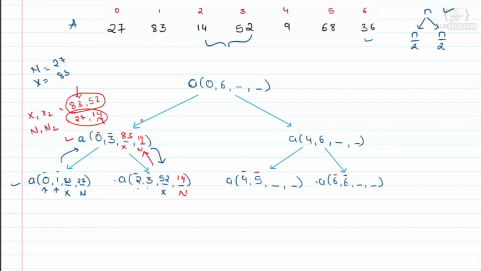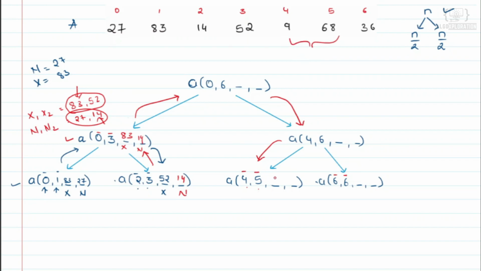Now these values will return to its parent, and now the root will call its right child, starting with index 4 and ending with index 6. Now this function will call its left child, index 4 and 5. It is a small problem, so we will compare it.